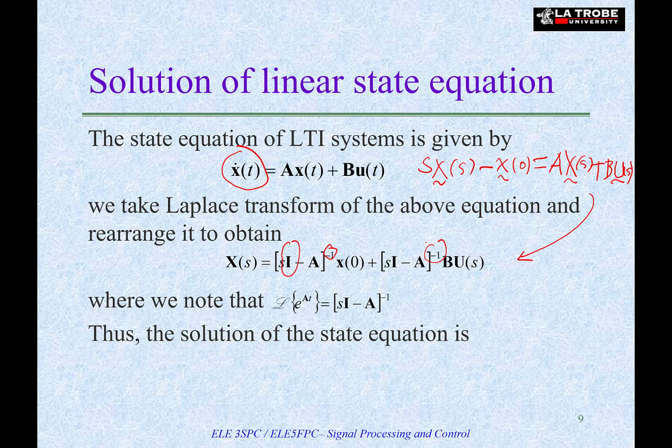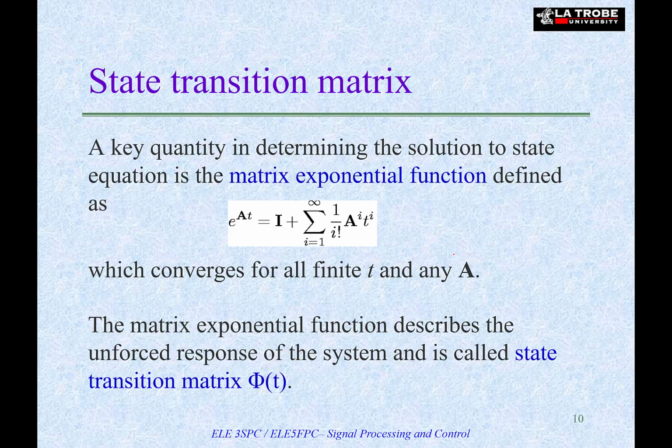Once we get X(s), we can take the inverse Laplace transform to find x(t). The multiplication here in the s domain should be the convolution in the time domain. Therefore, we get x(t) as this.